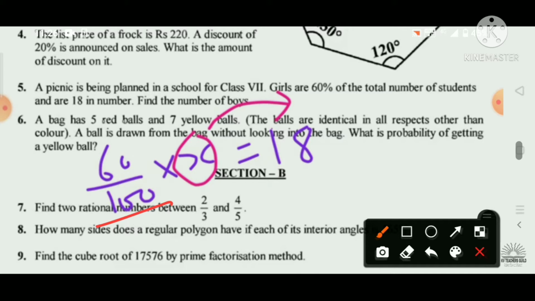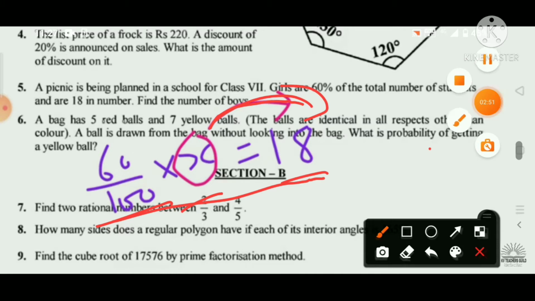You can take the total number of students as x, so 60 by 100 into x is equal to 18. Then the 60 by 100 going to the other side becomes division, so you can find the x value. Like that, by solving this equation we can find the value of x. Let us move to the next question.